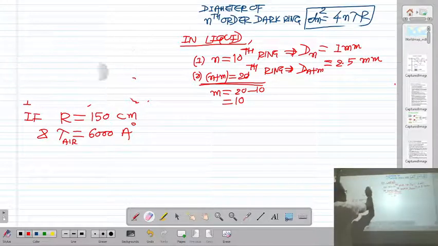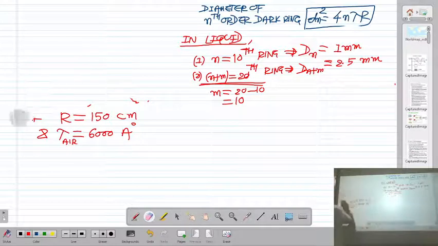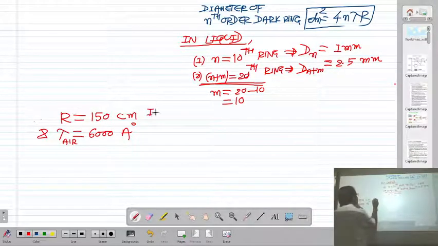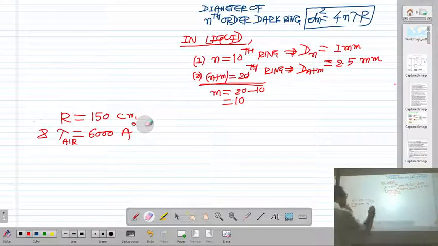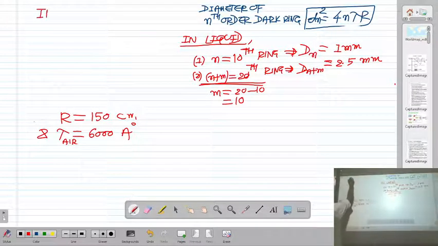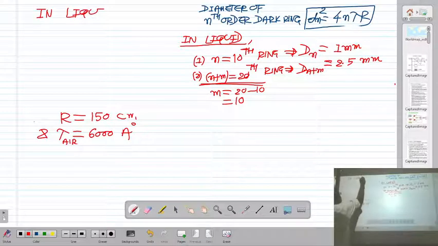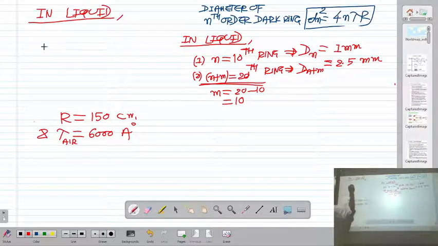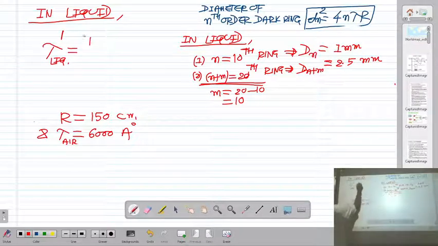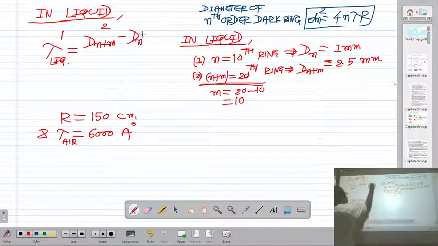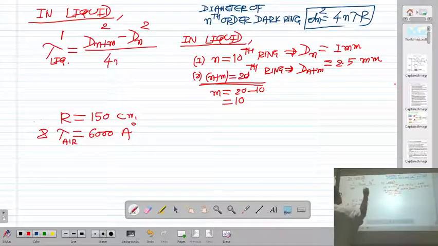So we will use the equation we have just derived in liquid. The wavelength of light in liquid is lambda dash equal to capital D(n+m) square minus capital Dn square upon 4mR.